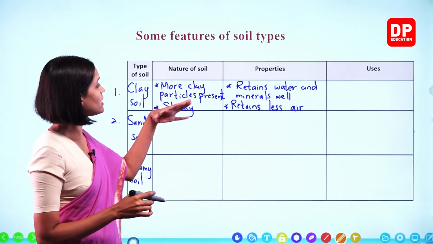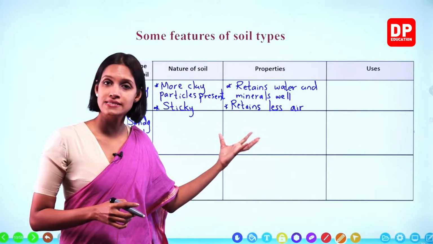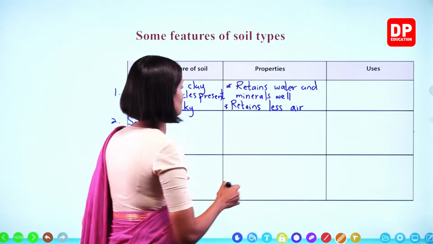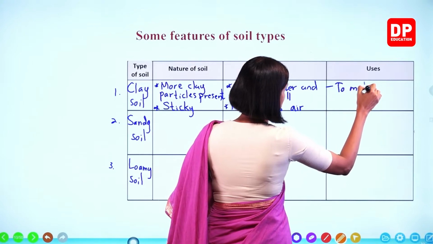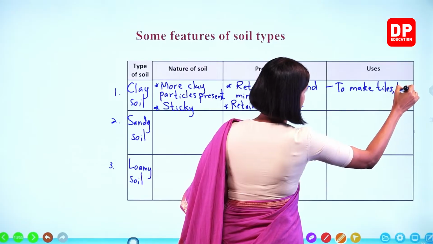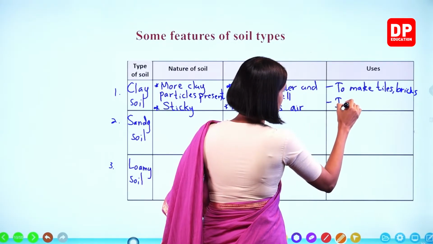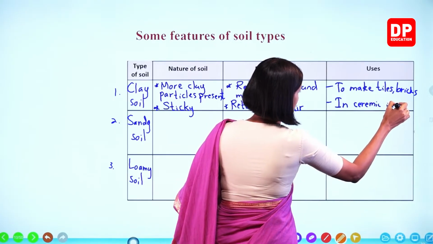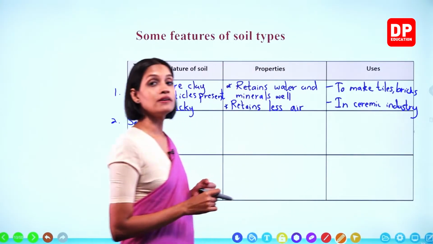So in this type of soil, even though a lot of water is present, the amount of air is less. What are the uses of this type of soil? To make tiles, bricks, in the ceramic industry.